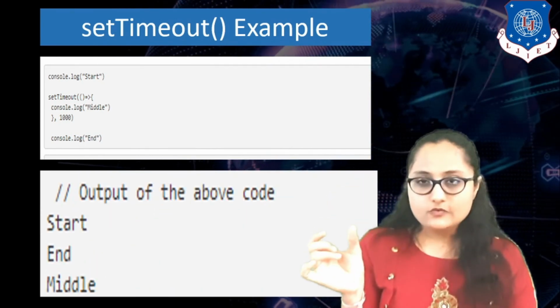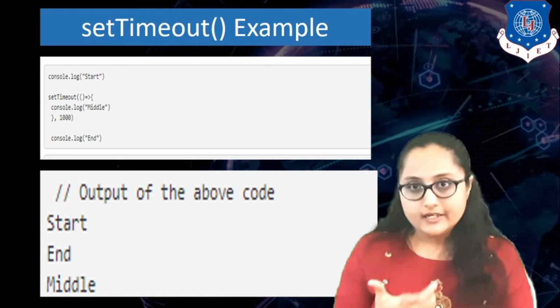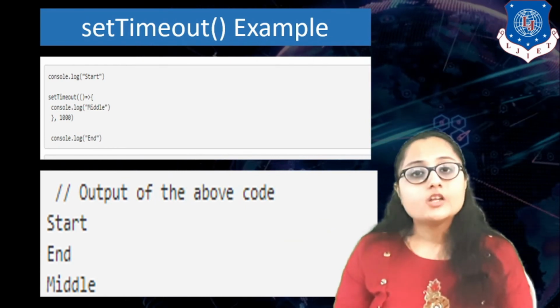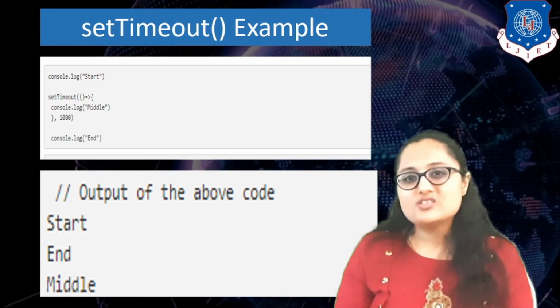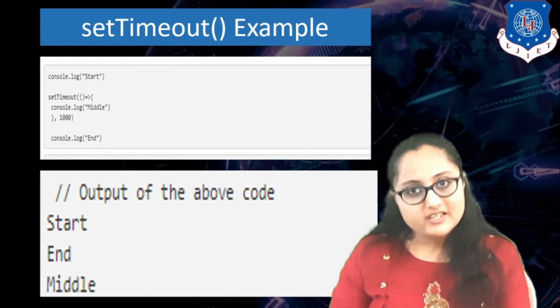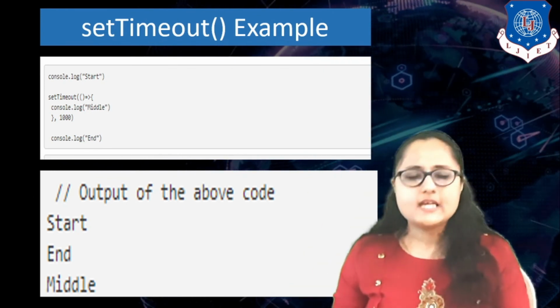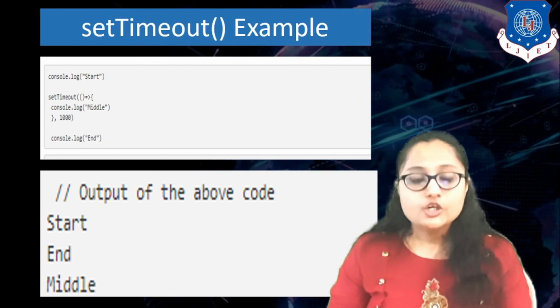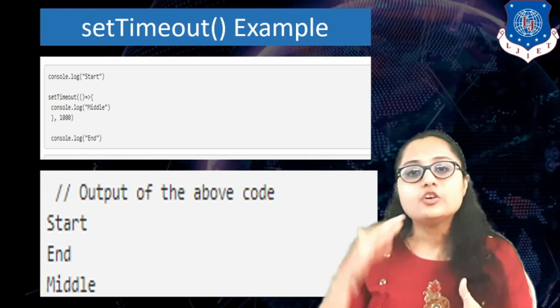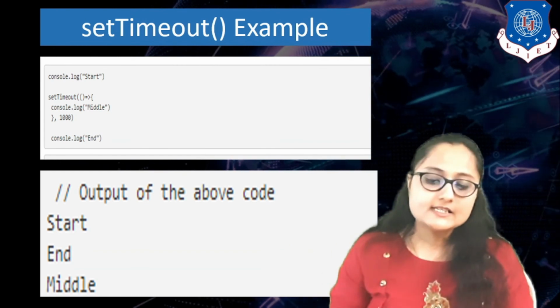Start will be executed, and because the printing of middle is delayed by 1000 seconds, instead of waiting, console.log end will be executed immediately, and then after 1000 seconds the middle, which has to be printed, will be executed. So I am not waiting for the previous task to get completed, and I am completing my task. This is known as the asynchronous mode of programming in JavaScript.